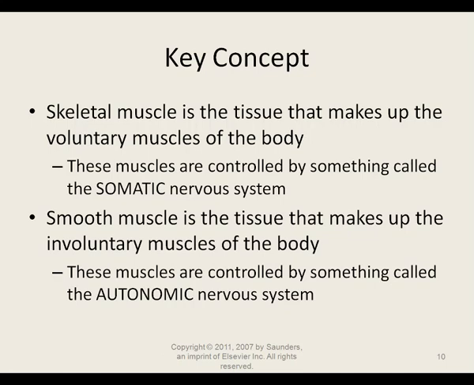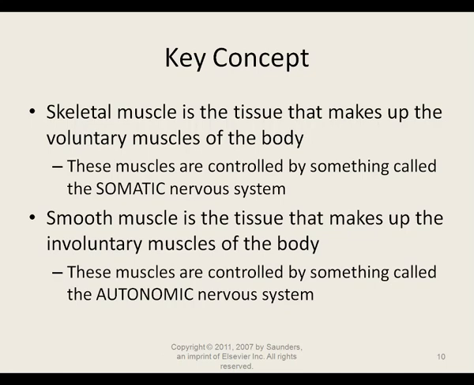So a key concept is that what causes muscles to move is the nervous system. The nervous system and the muscular system are very closely connected because it is the nervous system that tells the muscles to move. The nervous system is what's sending the signals to the muscles to cause those muscles to contract.